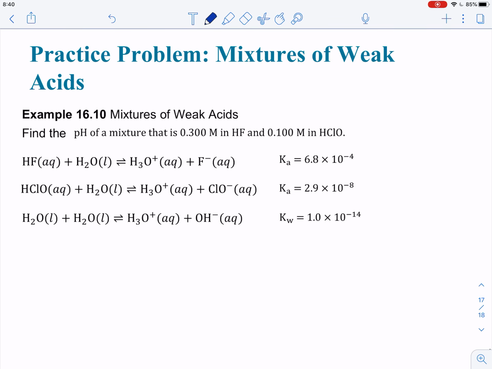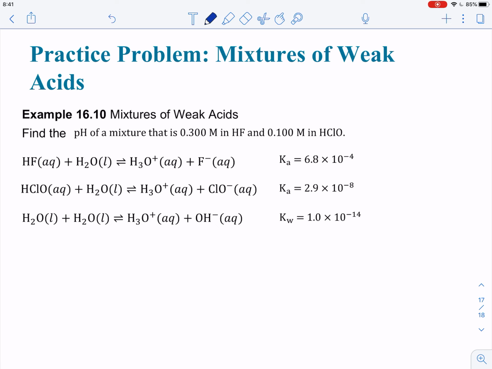Now, a more complex situation is when you have mixtures of acids, because the thing that you may notice here is that you have three different sources. Each acid will represent a source of H plus, and each base will represent a source of OH minus. But here, let's limit this to the acid first.